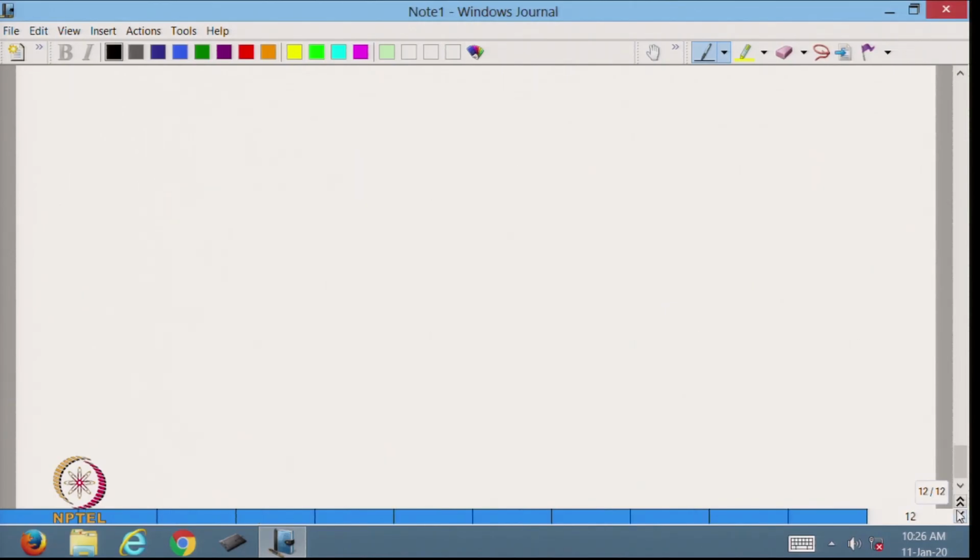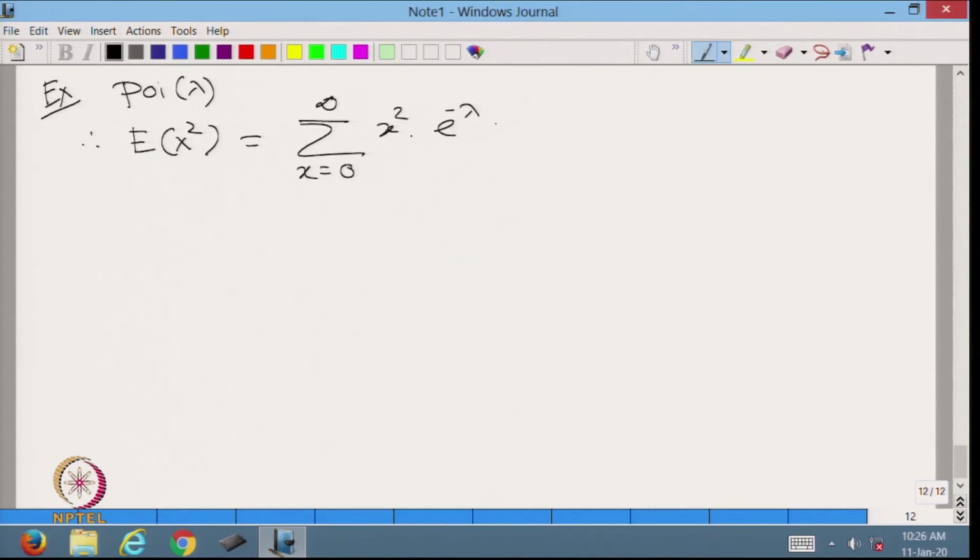Let me do one more example from the discrete case. Poisson with parameter lambda. Therefore, the expected value of x square is equal to sigma x equals 0 to infinity of x square into e to the power minus lambda lambda power x upon factorial x.